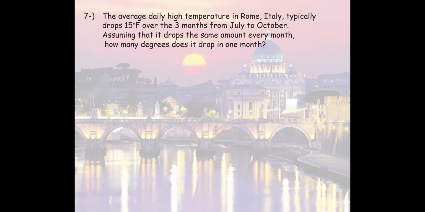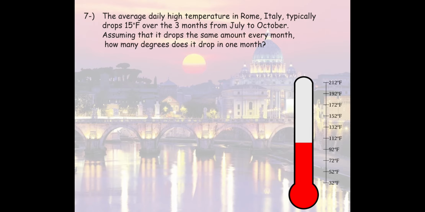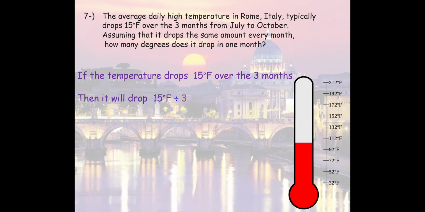Number 7. The average daily high temperature in Rome, Italy, typically drops 15 degrees Fahrenheit over the 3 months from July to October. Assuming that it drops the same amount every month, how many degrees does it drop in 1 month? Now, we're given that the temperature drops 15 degrees Fahrenheit over a period of 3 months.